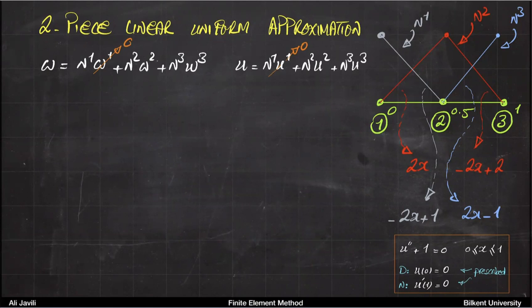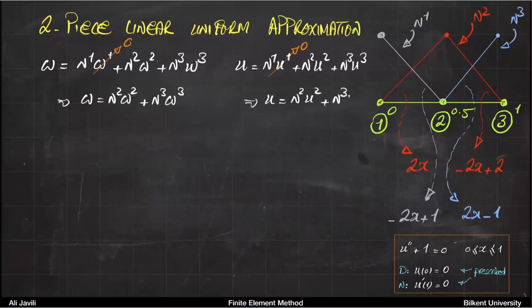So basically you would have a W that is just N2 W2 and then N3 W3. And then you have a U which has now two unknowns basically. And then again, pay attention that now the two unknowns are not two coefficients of just some sort of line slopes.